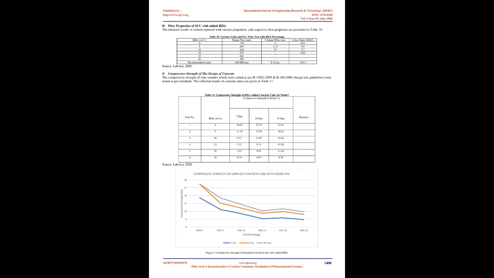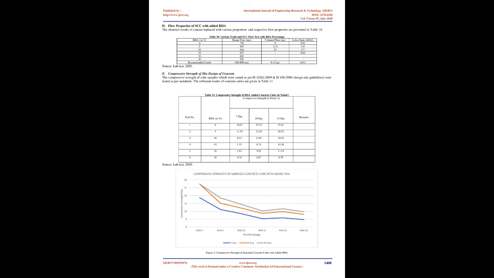TRC 4, 670, 12, 0.71. TRC 5, 710, 8, 0.9. Recommended limits: 600 to 800 mm, 8 to 12 sec, 0.8 to 1. Source, Lab Test, 2020.